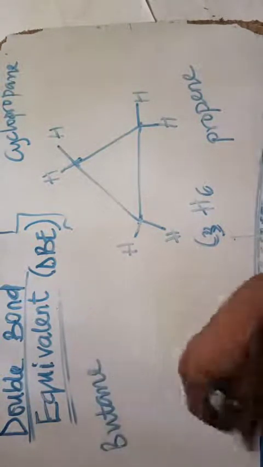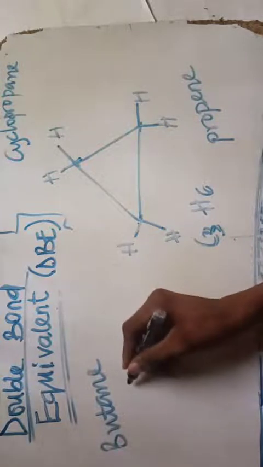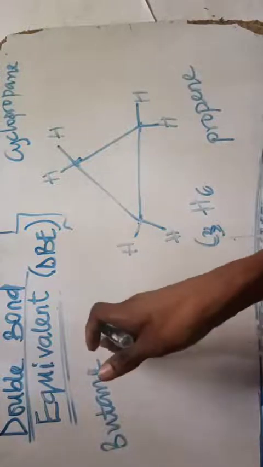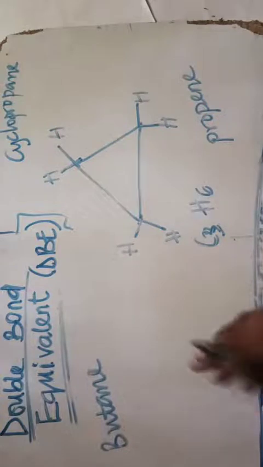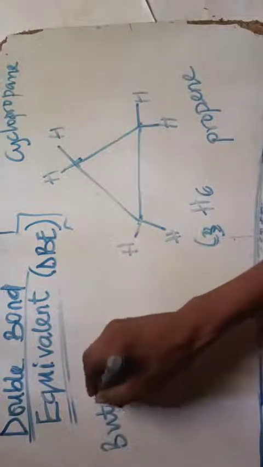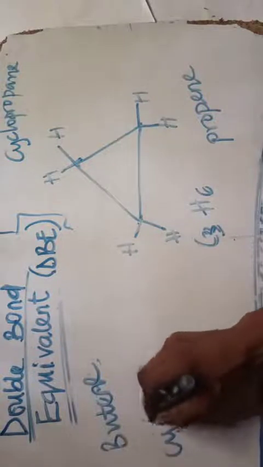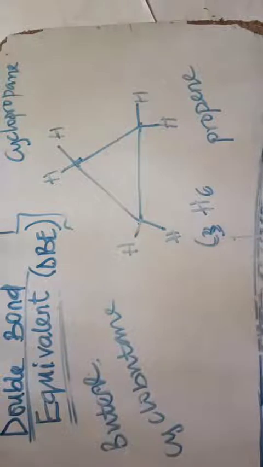If I want to change butane or increase it, butane can also give me what? Unless I add cyclo, butane will give me something of lesser hydrogen. But what about butane? Butane can also be cyclobutane. So adding cyclo to an ane family or to a group increases it by a bond.